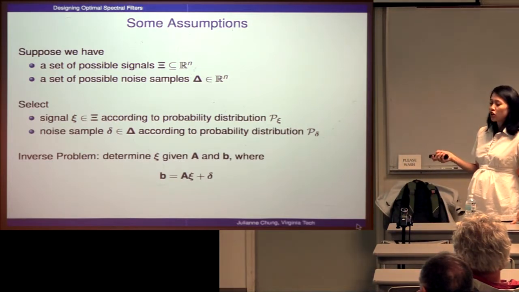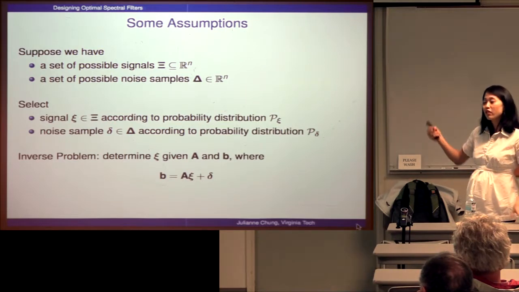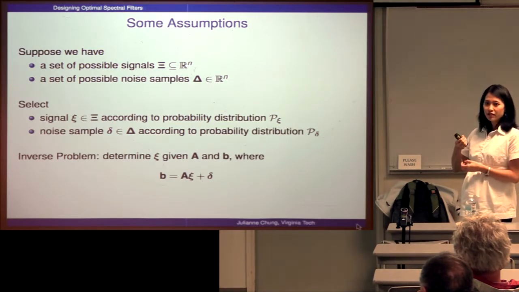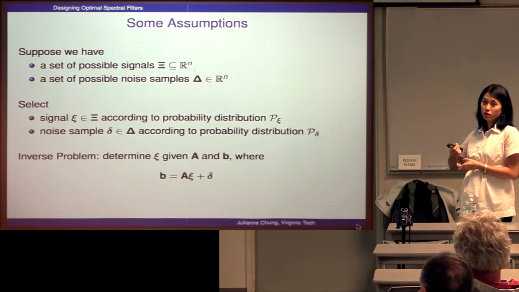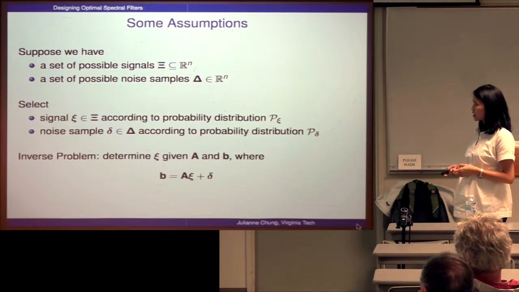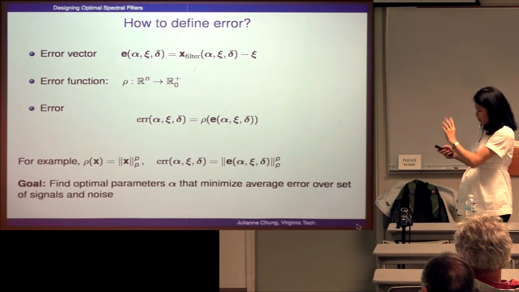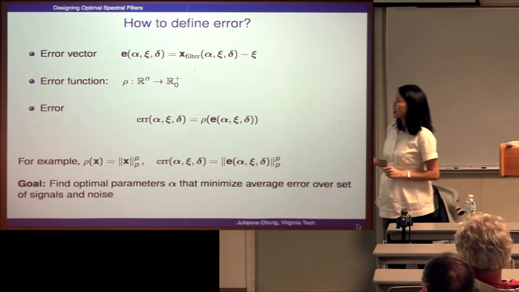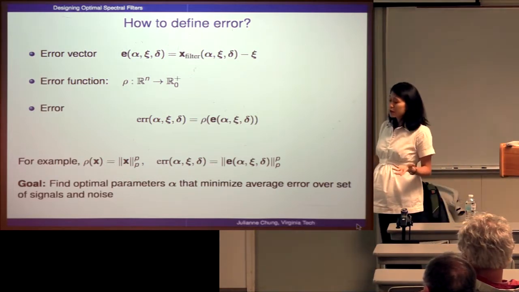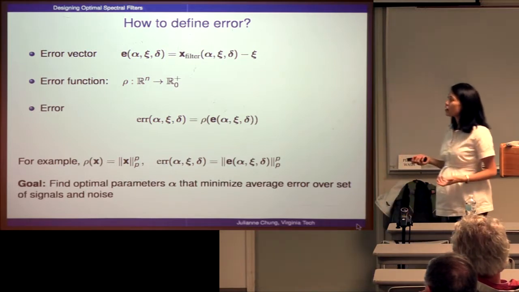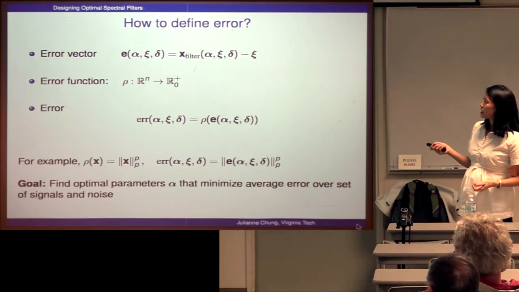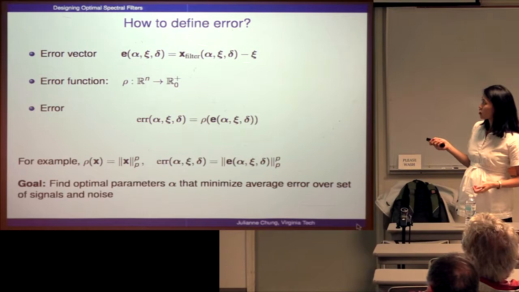This is our deterministic inverse problem, because I only have one realization of the signals and one realization of the noise. But for that one problem, I can define the error, because what do I mean by optimal? I have to minimize some error. So the error in that case is going to be the difference between the reconstruction and the truth.